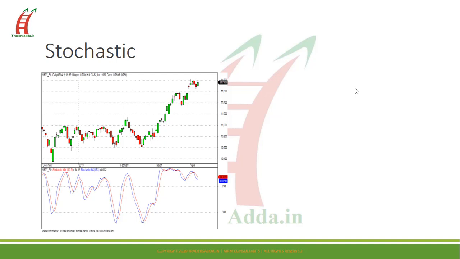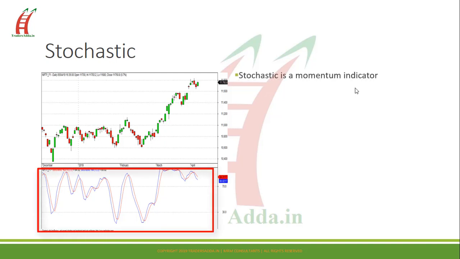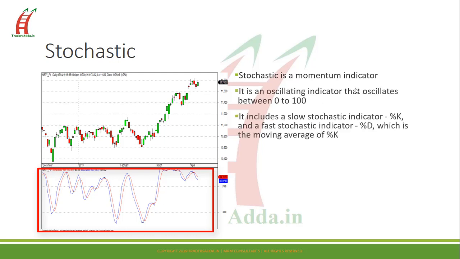Stochastic. Stochastic is a momentum indicator. It is an oscillating indicator that oscillates between 0 to 100. It includes a slow stochastic indicator, %K, and a fast stochastic indicator, %D, which is the moving average of %K. Ways to trade with stochastics. Overbought above 80% or oversold below 20%.